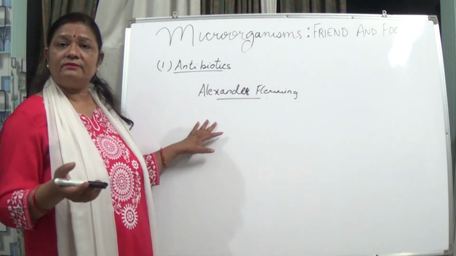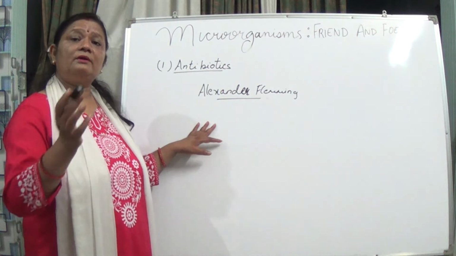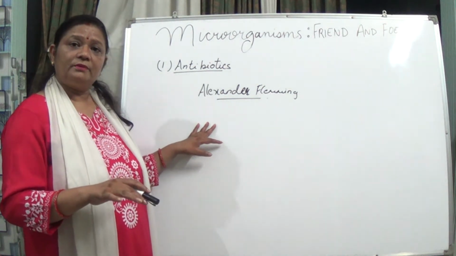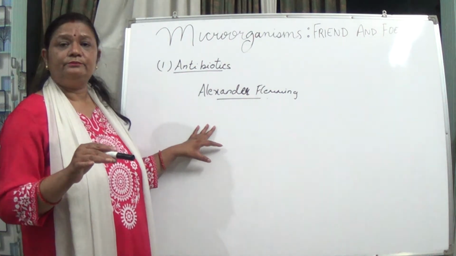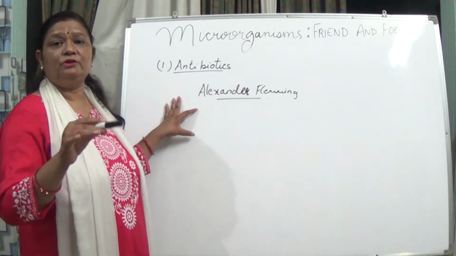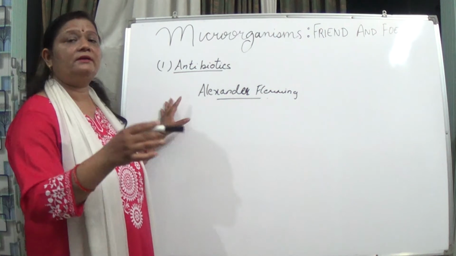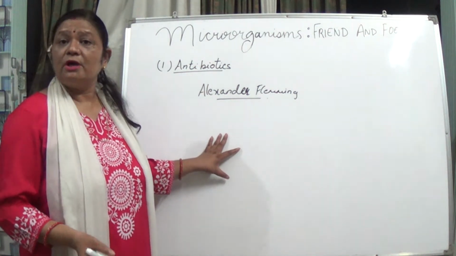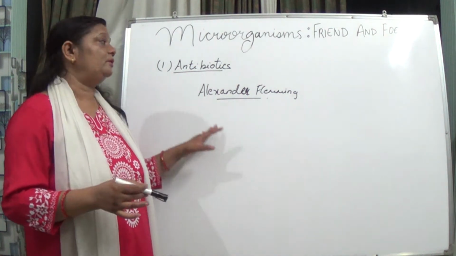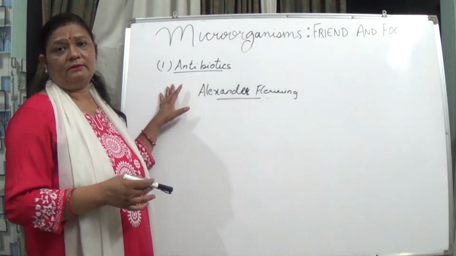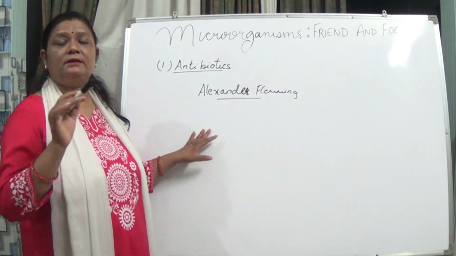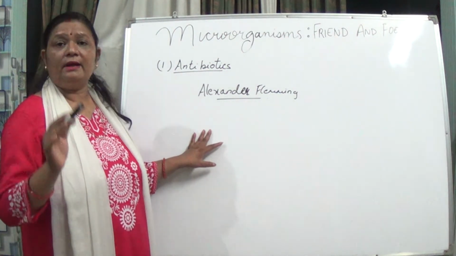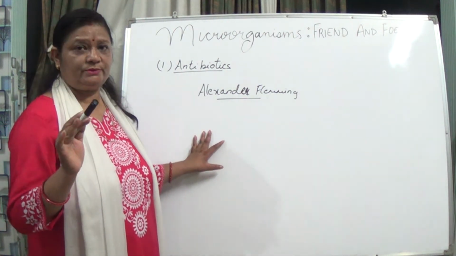So overuse or irregular use of antibiotics creates a problem: you will have resistance to that antibiotic and further you can't use it. So whenever you are prescribed any antibiotic, take it in proper time and in proper dose.